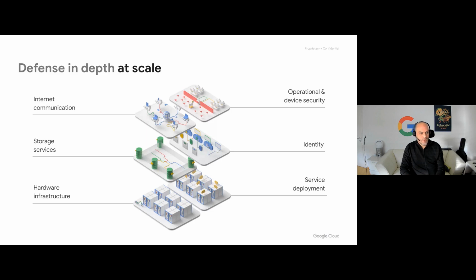Obviously the internet communication is an important piece. We have denial of service protection built around our data centers, and that really scales. We had really large attacks, and honestly, Google is a target for malicious actors out there.